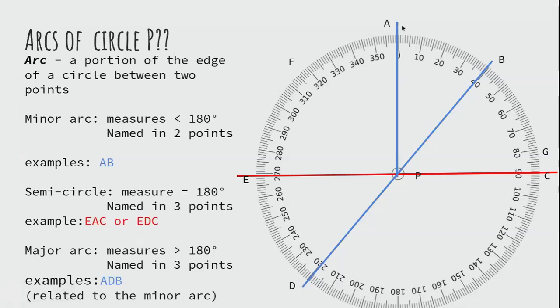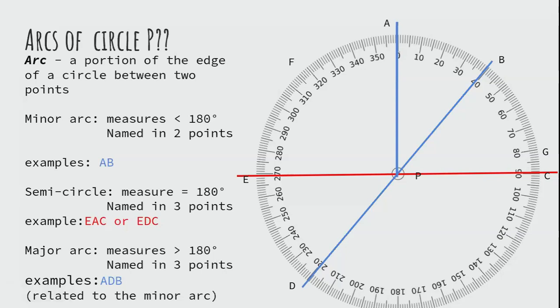If the arc from A to B going to the right is the minor arc, then for the major arc you go from A to the left, and you name one of the letters that you pass as you go to B. So minor arcs are named with 2 points. Semicircles and major arcs are named with 3 points.